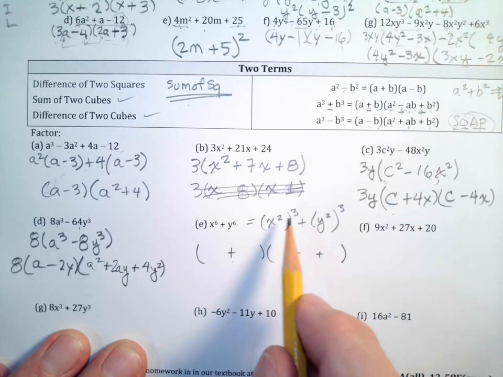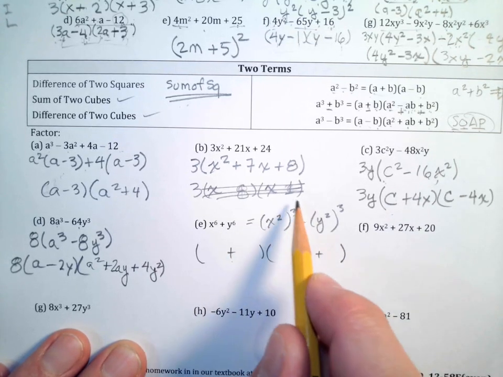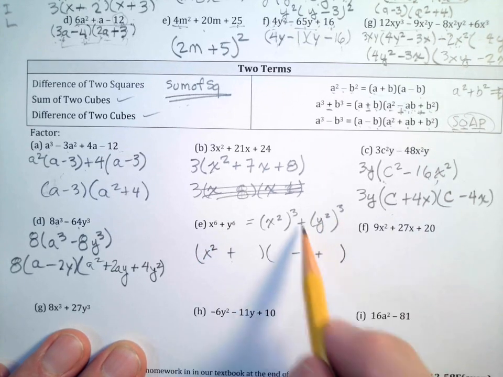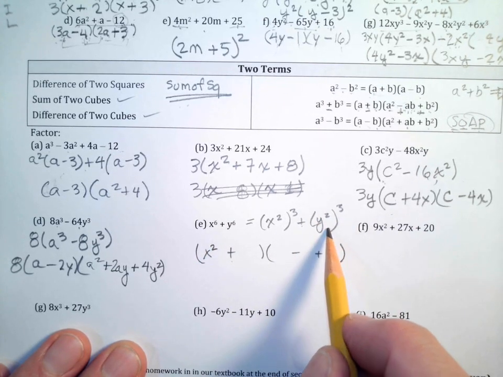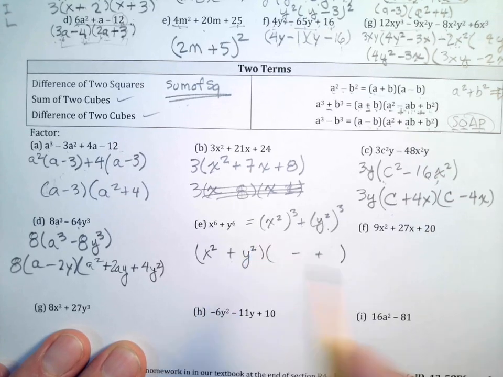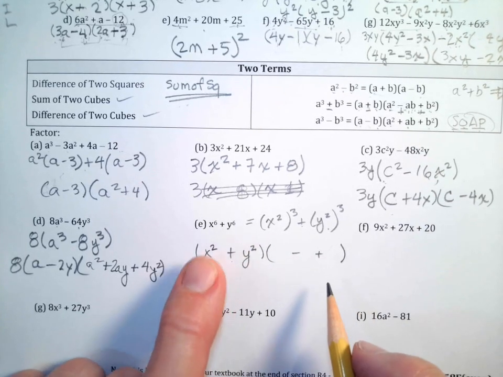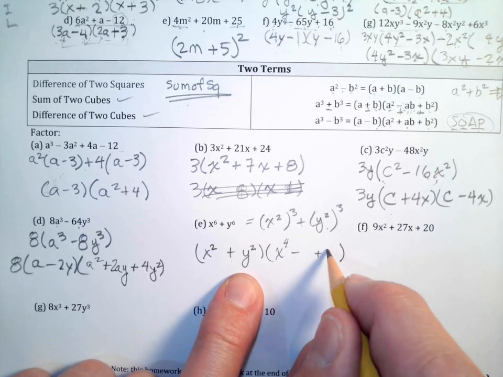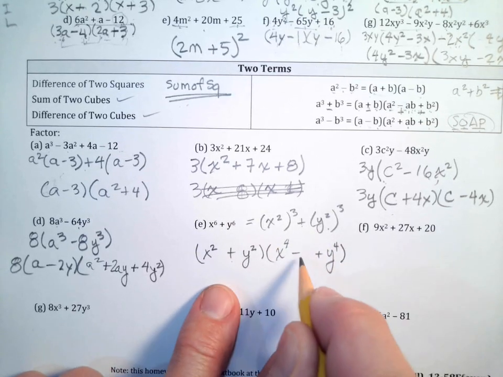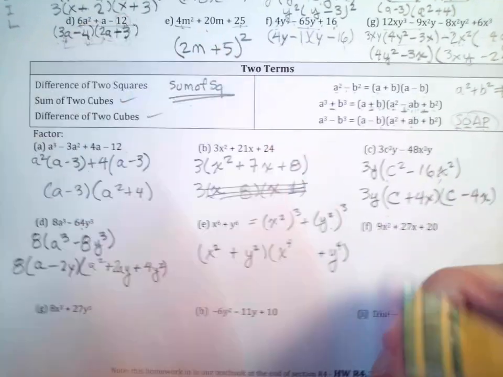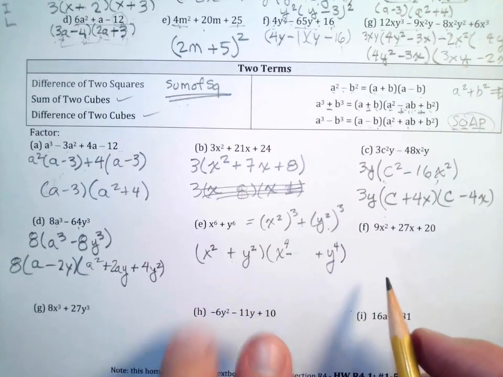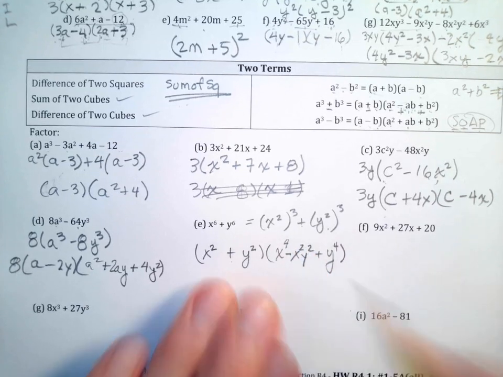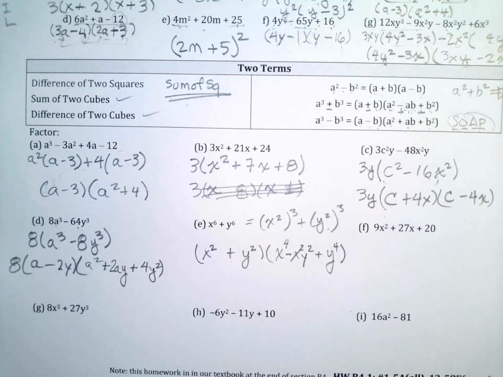Think about what's the cube root of this. That's just x squared. What's the cube root of this whole term? y squared. Now look at this and say, what is this squared? x to the fourth. What's this squared? y to the fourth. The center term is simply the product of the two, so x squared y squared. Okay?